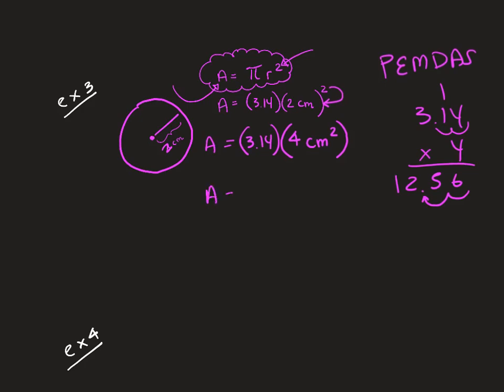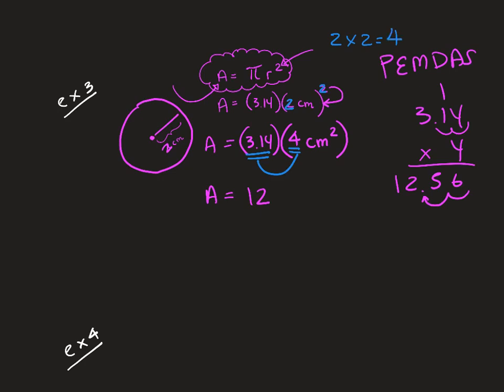So area, I multiplied by 4 because there's a 4 here and a 3.14 here, so I multiplied these two values together. The 4, because when you have 2 to the second power, it's like saying 2 times 2, which equals 4.